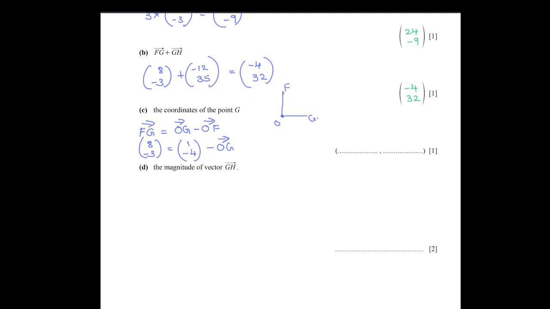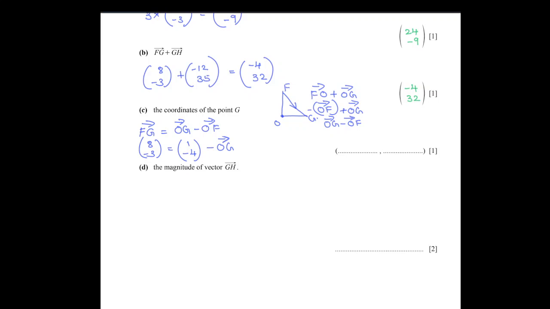So if vector FG is there, it has to be FO from F to O, then plus O to G, right? But FO is, it is OF to us because F coordinates are given. So negative of OF is FO. So negative OF plus OG. So this will be ultimately OG minus OF.